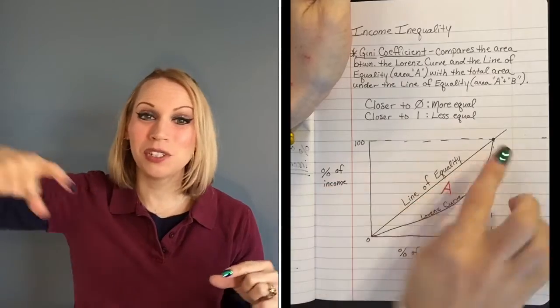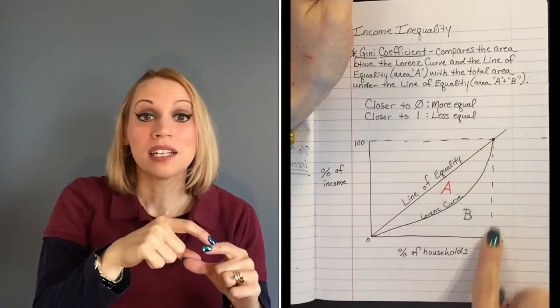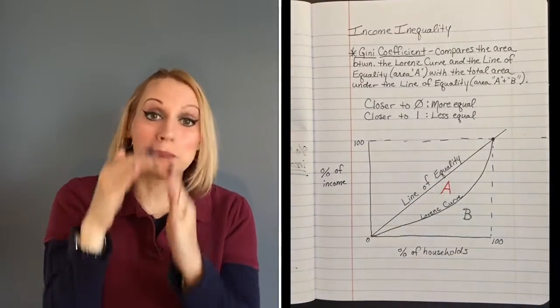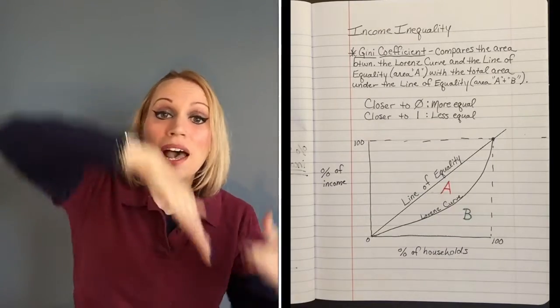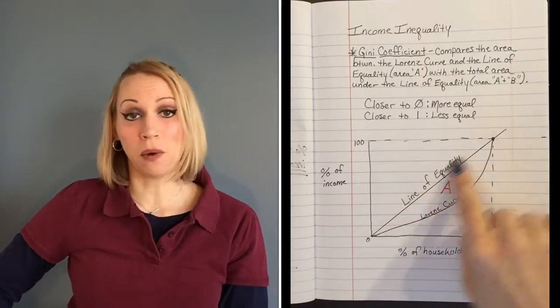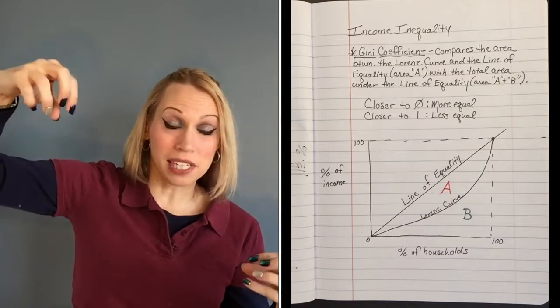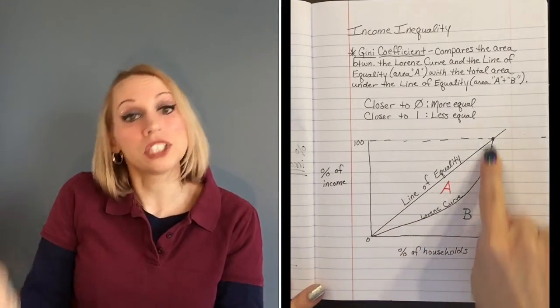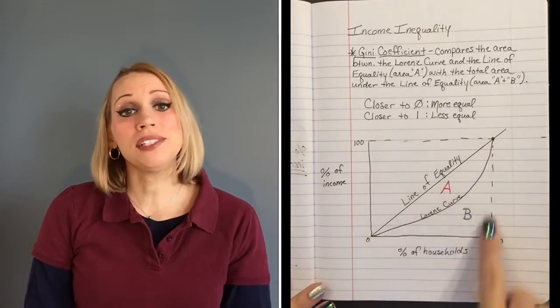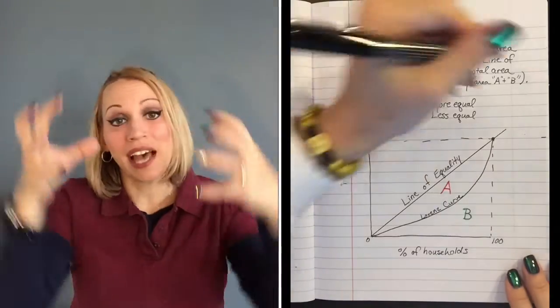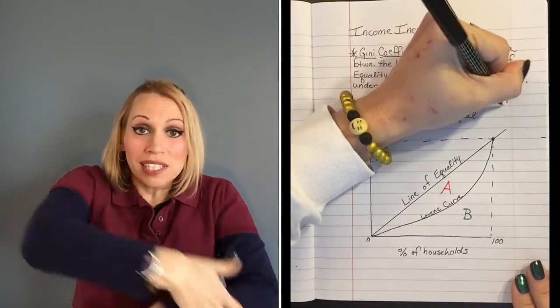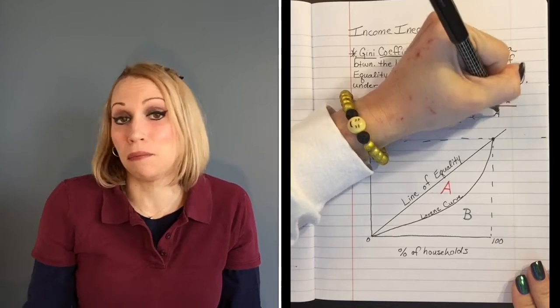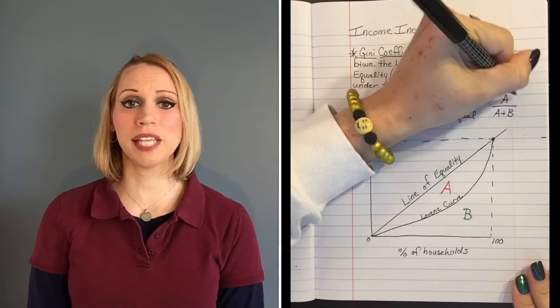The distance between your Lorenz curve and your line of equality, let's call that section A. And then everything that's under the line of equality is section A plus whatever's left over, which is section B. So we basically want to know how much is that inequality over the entire space of the bottom of that graph. Let's use an example with some numbers.